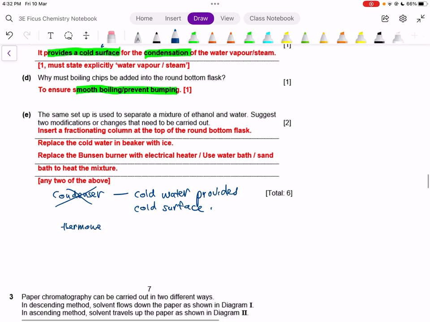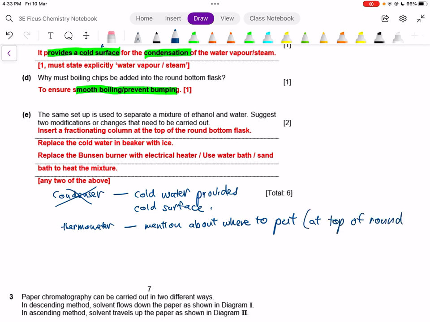This one I accept some, I didn't accept some. I accept for those who mention where to put the thermometer, at the top of the round bottom flask. I just say put thermometer, never tell me where.